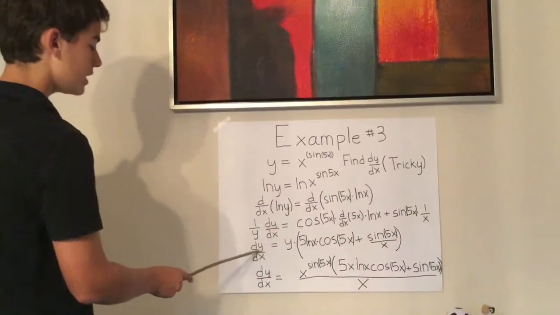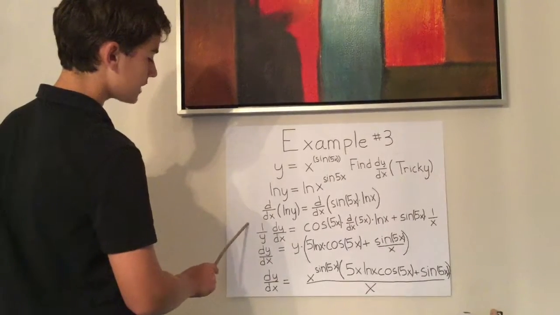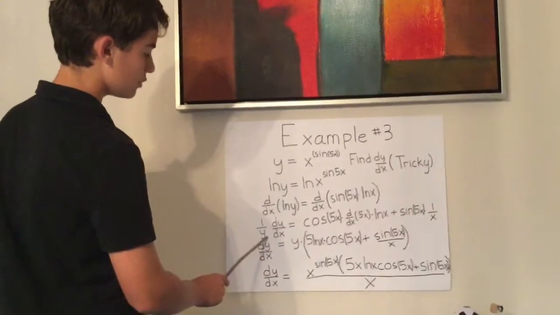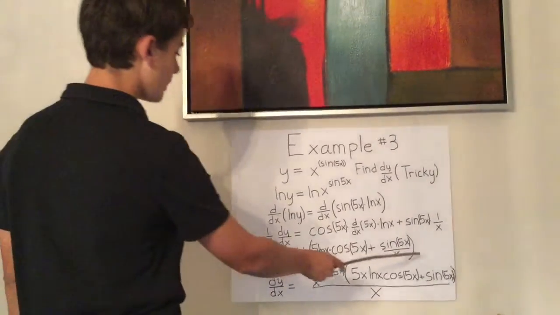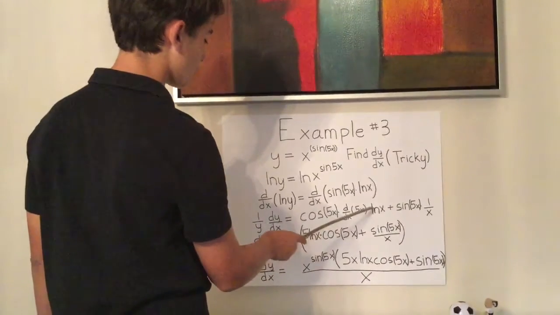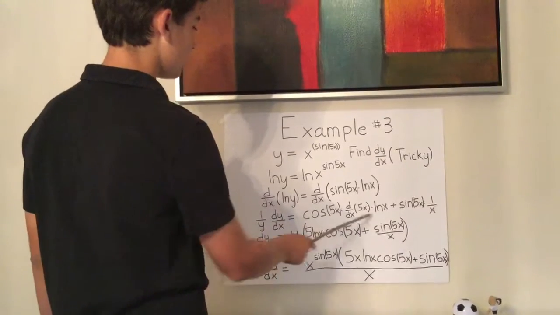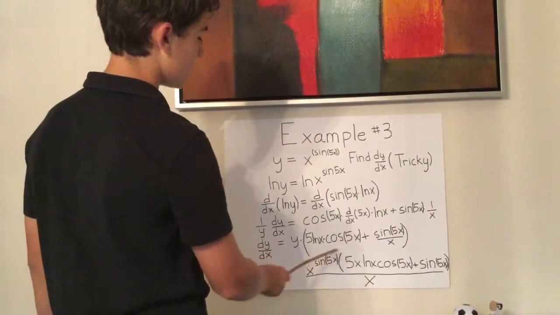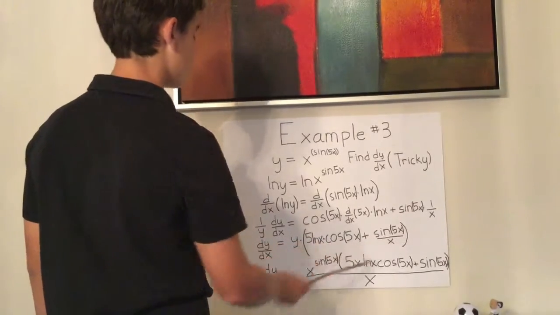Then, since we only want dy dx, we're going to multiply both sides by y, thus this cancels out to 1, and the y appears here now. And we've already rewritten this as 5 times ln of x, since 5 is the derivative of 5x, ln of x, which comes from here, times cosine 5x, plus sine of 5x over x.